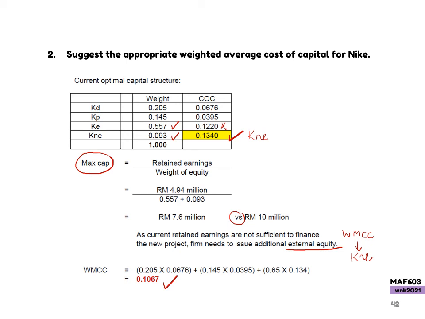Lepas tu kita nak gabungkan semua yang individu tadi tu dalam satu overall cost of capital. Tapi kita tak tahu, kadang-kadang kita kena kira WACC or WMCC. Semuanya bergantung kepada evaluation of maximum capital expenditure.